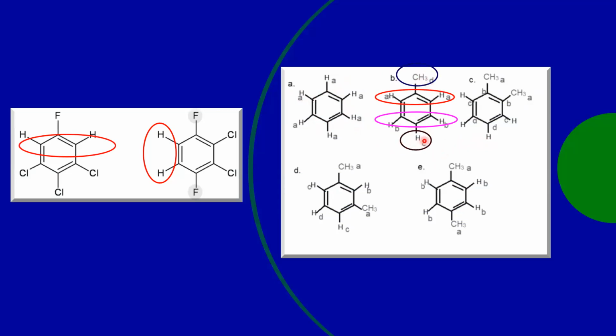Yes, you will get 4 signals. Similarly, look at here. These two methyl groups, the protons attached to these carbons will be equivalent. One signal for these 6 protons, second signal for these protons, and a third signal for these protons. So yes, totally you will have 1, 2, 3 signals.